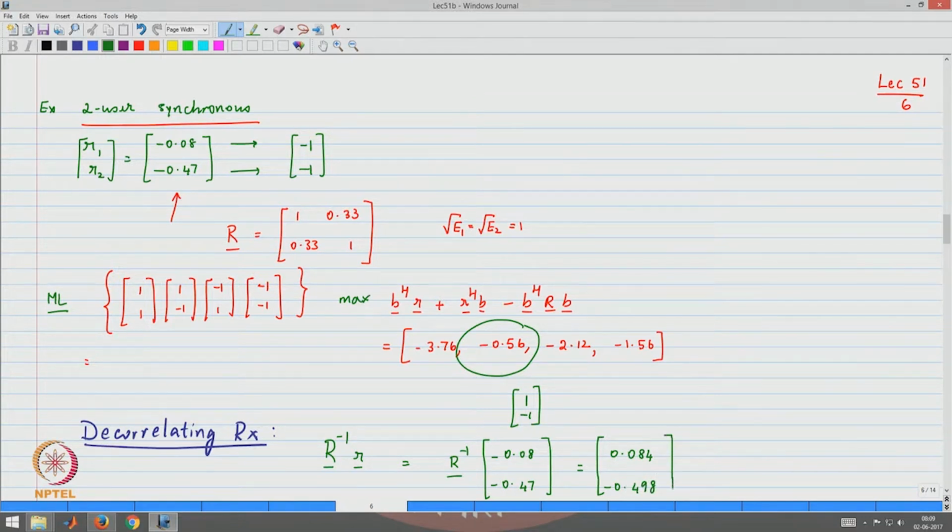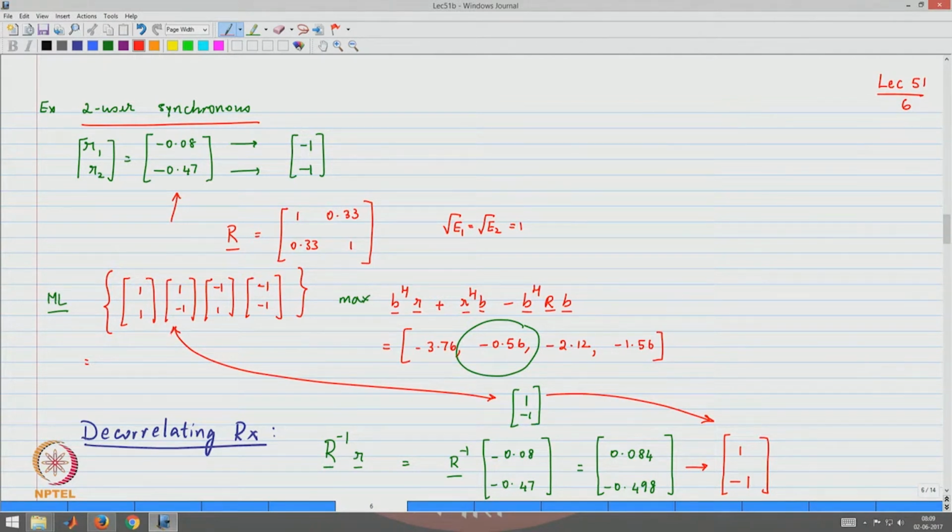0.498. And if you were to quantize this information into plus and minus 1, the first bit, since it is positive, would be mapped to +1, and the second bit would be mapped to -1, and we find that this is the same as the solution that the maximum likelihood receiver also obtained.